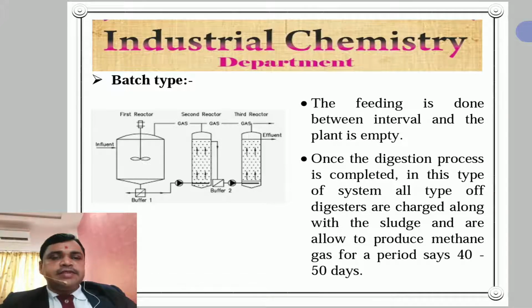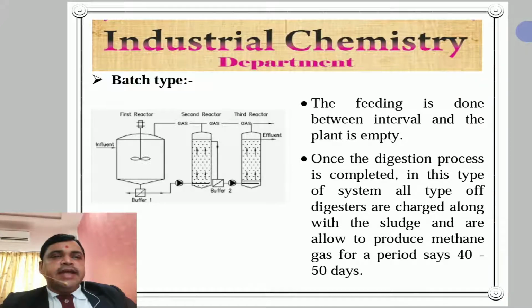We get gas, and after that we empty the plant. When the plant is completely empty, we feed a second time. So the feeding is done at intervals and the plant is empty. This batch type is shown in this figure.